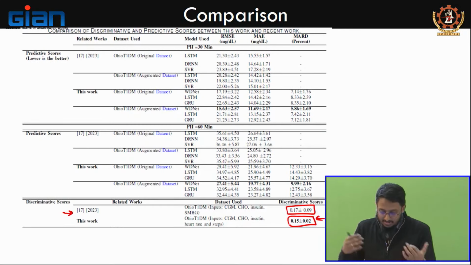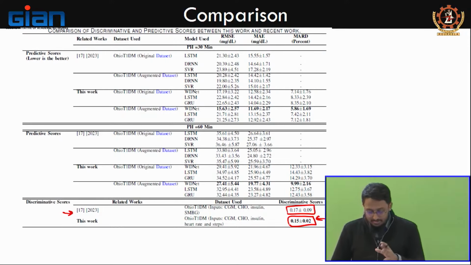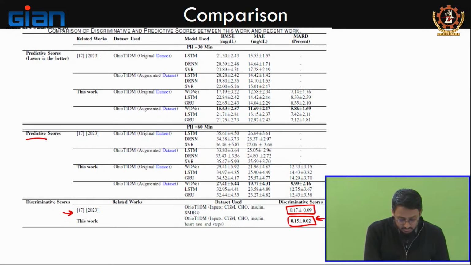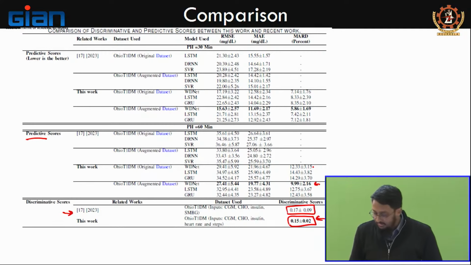We can discuss that in detail off the lecture if you have any questions, but essentially this approach helps in improving the discriminative score. The lower the discriminative score, the better it is. There are other metrics also, like the predictive score, and you see that the predictive score is lower compared to previous work.